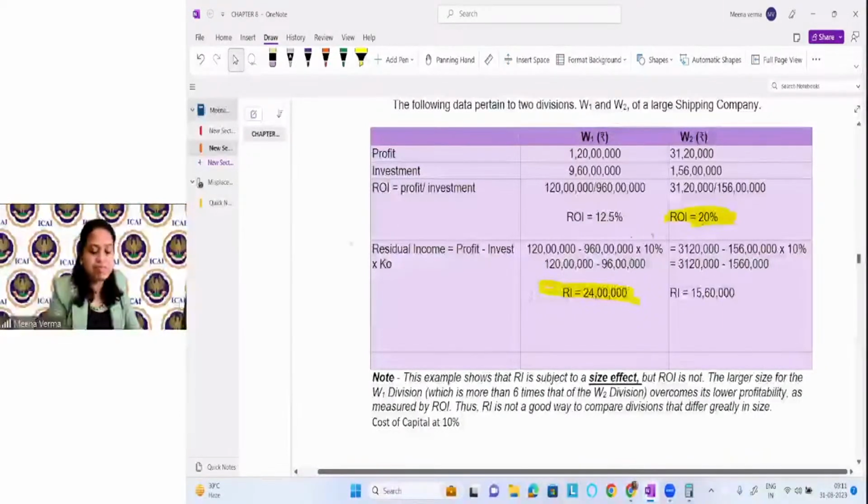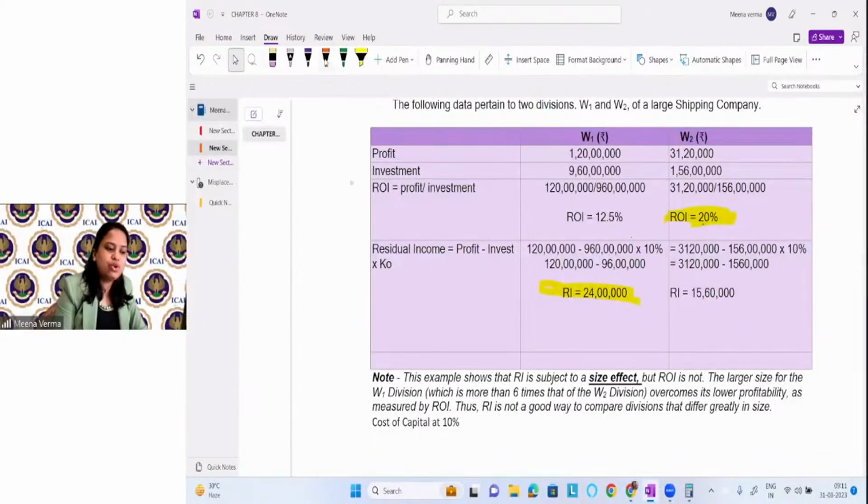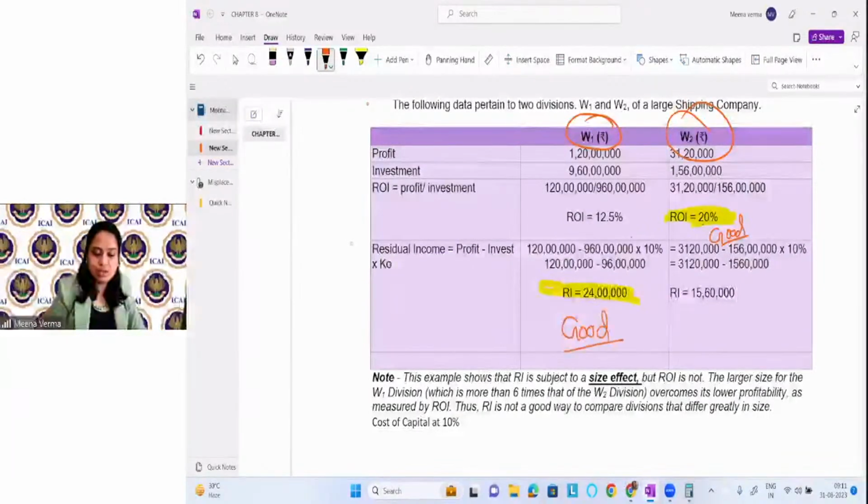If you decide based on return on investment, W2 is a good investment, because return on investment is high here. But if you consider W1, residual income is high here. So based on W2, this one is a good decision. Based on W1, this one is a good decision.